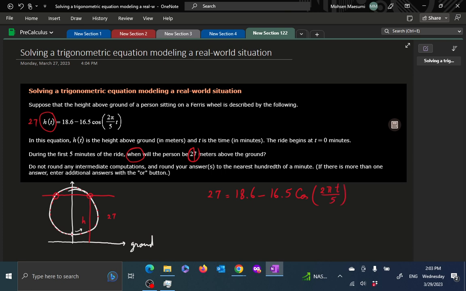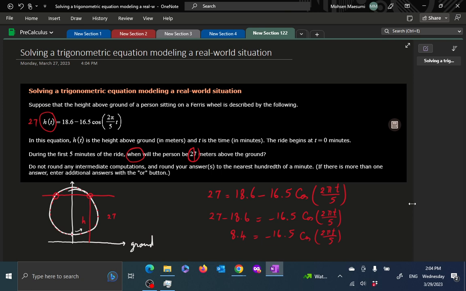I bring 18.6 to this side, 27 minus 18.6, and that is minus 16.5 times cosine of the same argument. Do the subtraction, and I guess you get 8.4. Is that right? 8.4 is equal to minus 16.5 cosine of stuff.